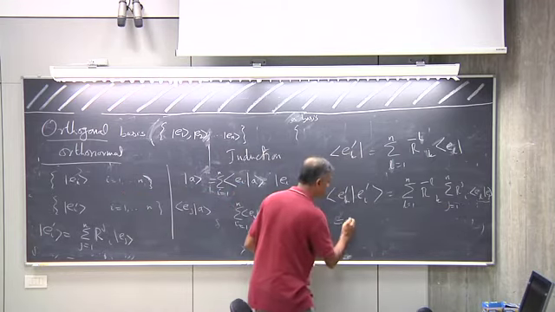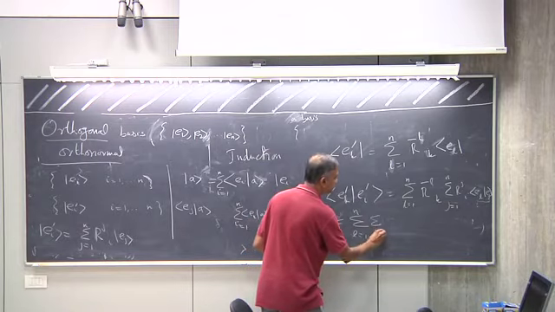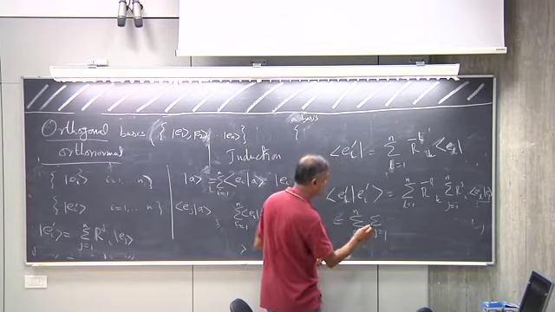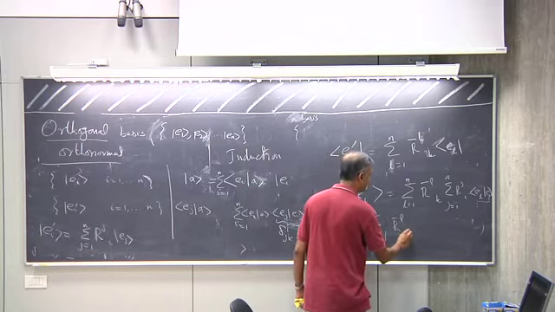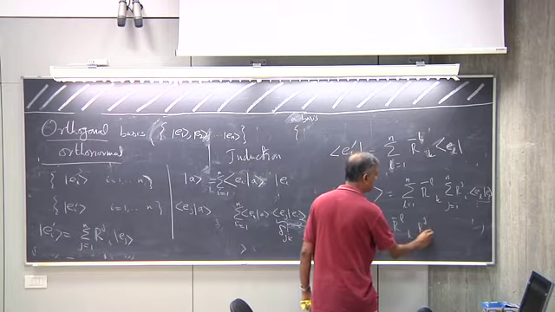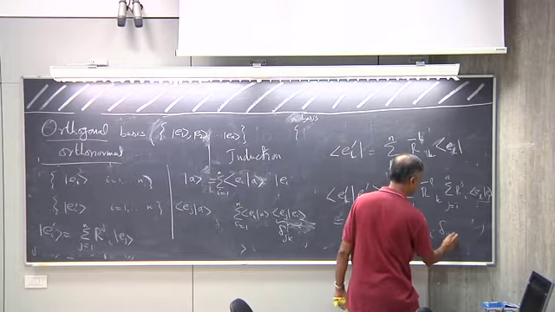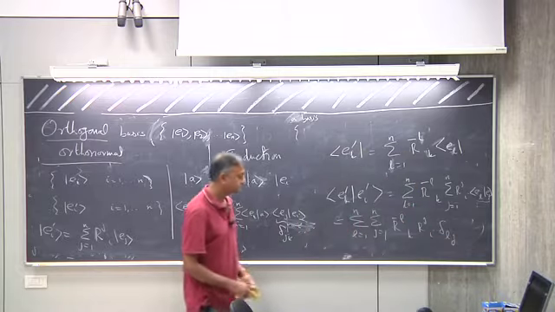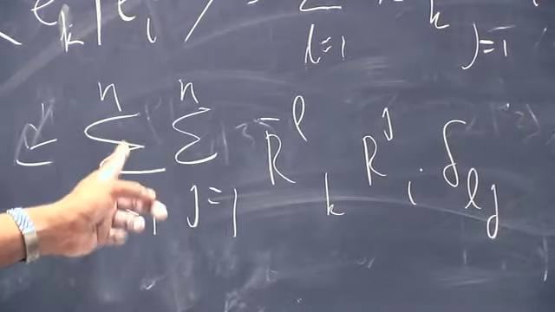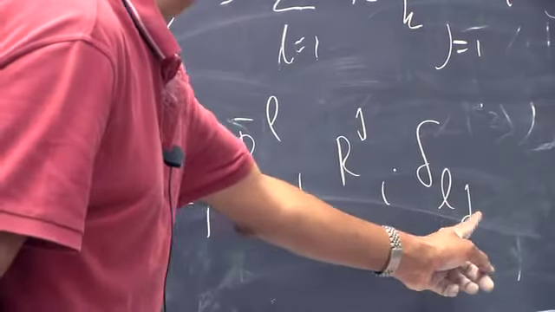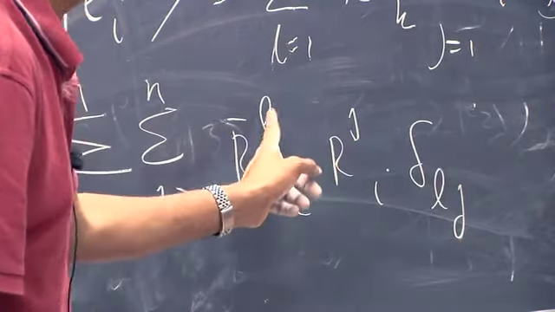So what we find here is the sum over l equal to 1 to n, j equal to 1 to n, of r bar lk, rji, and delta lj. I can, for example, sum over l equal to 1 to n, then the only contribution will come when l is equal to j, and in that case, the result is simply this l replaced by j.